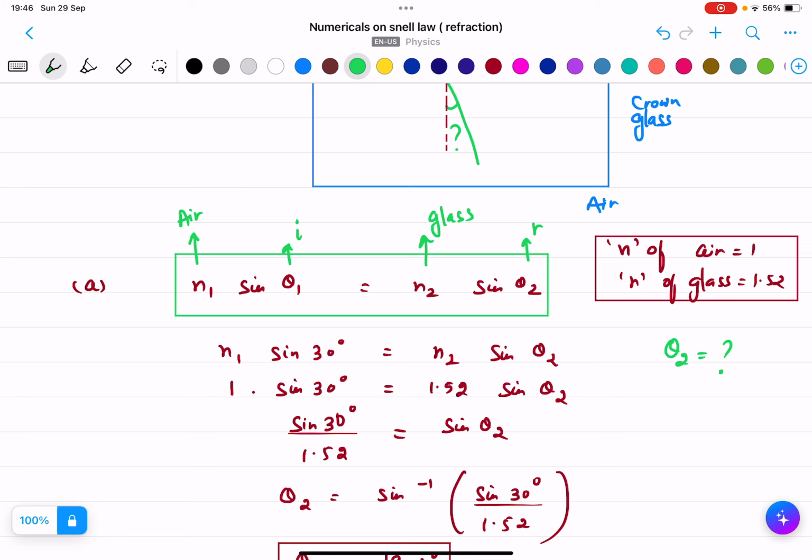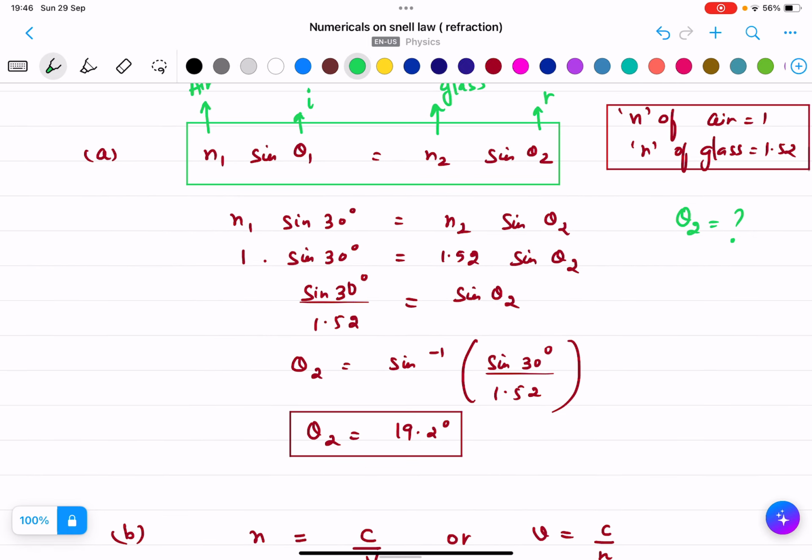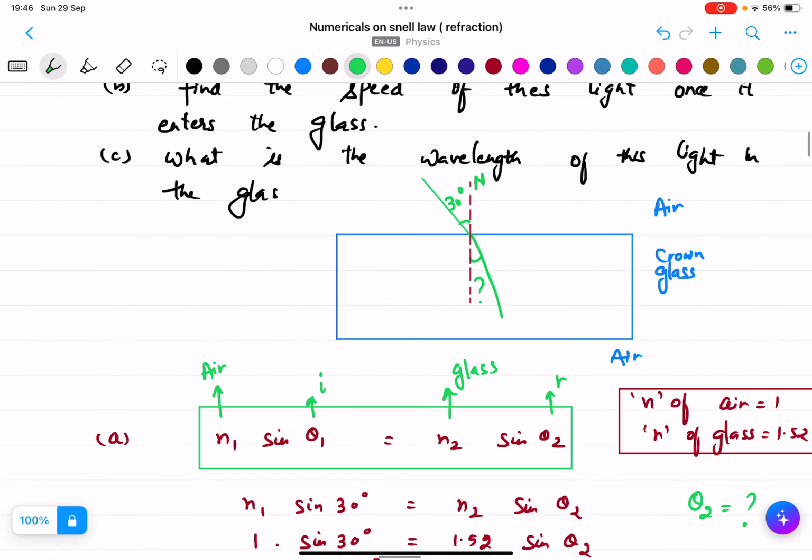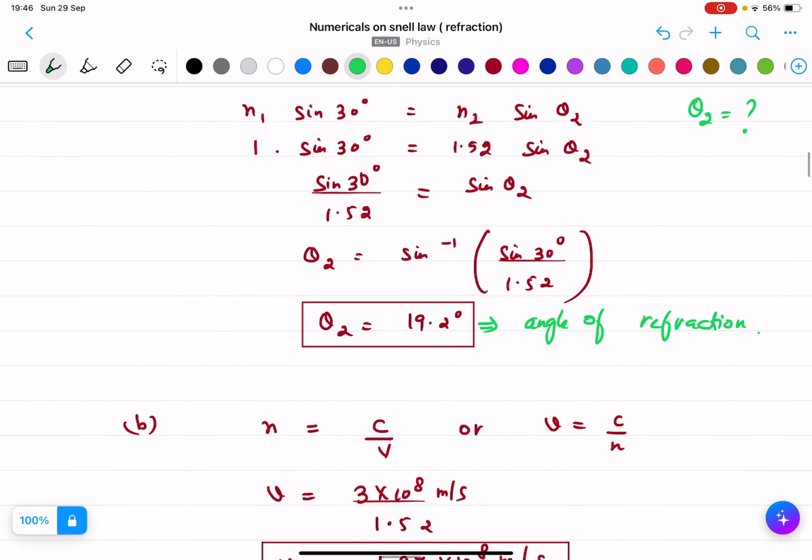We put all the values and find theta 2 equals 19.2 degree. This is the angle of refraction. It is lesser than 30 degree, so the ray will be bent towards the normal.